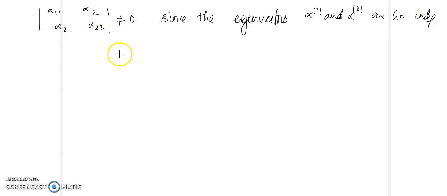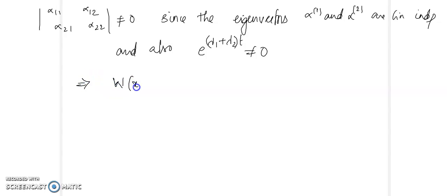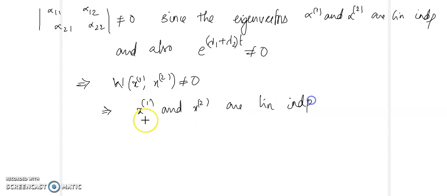And also e raised to (lambda 1 plus lambda 2) t is always not equal to 0, because the exponential function is always not equal to 0. So that implies the Wronskian of x1 and x2 is not equal to 0. Therefore x1 and x2 are linearly independent.